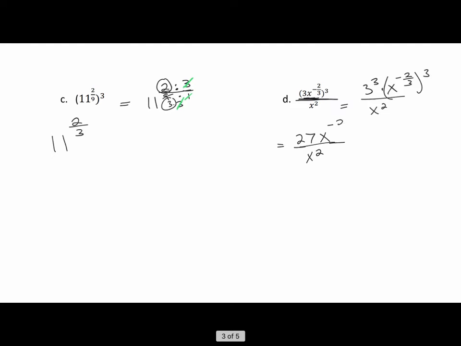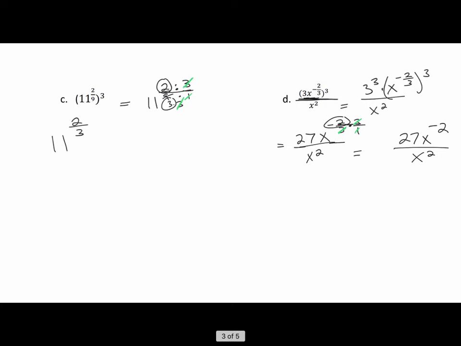And x to the negative 2/3 to the 3 means that we have to multiply that. That's the power rule there. So if we multiply numerators, multiply denominators, we can cancel out a factor of 3 there. So that leaves us 27x to the negative 2.